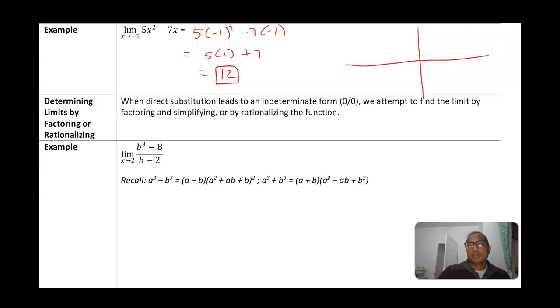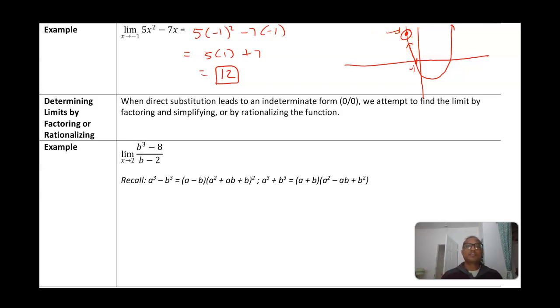So let's say we have a function that looks like this. So this is 0. At x equals -1, our limit is going to be 12, which means from both directions. Remember from last section, we learned that for a limit to exist, as a function approaches that value from both the right side and the left side, it's going to approach the same value. That value is going to be 12.